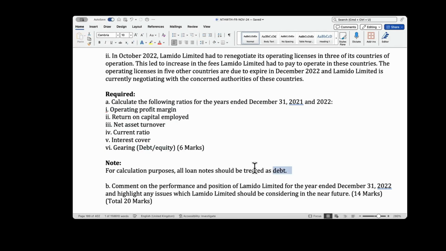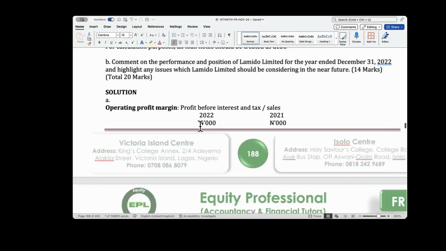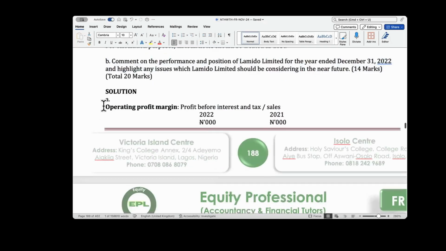B, they said you should comment on the performance and position of Lamido Limited for the year ended 2022 and highlight any issues which Lamido Limited should be considering in the near future. Good, so I've seen what they want me to do. Then quickly let me compute these ratios. First is operating profit margin.